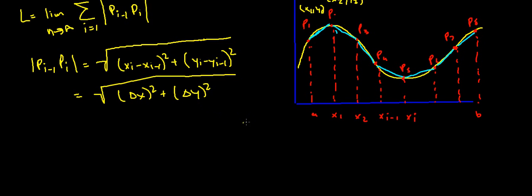I'm going to change delta y with, since delta y is equal to f of x i. Yeah, this is what this is equal to, right?